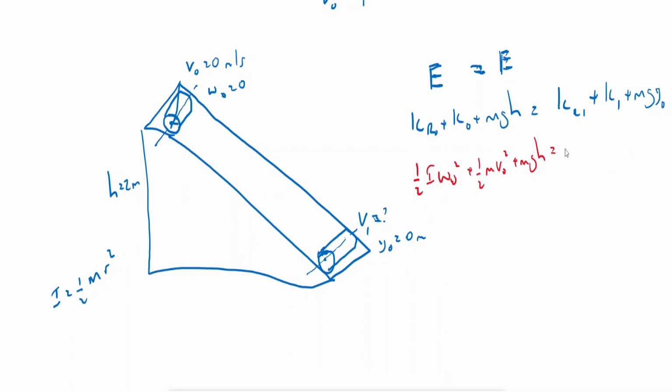Then this becomes half I omega1 squared plus half m v1 squared plus mg y0.